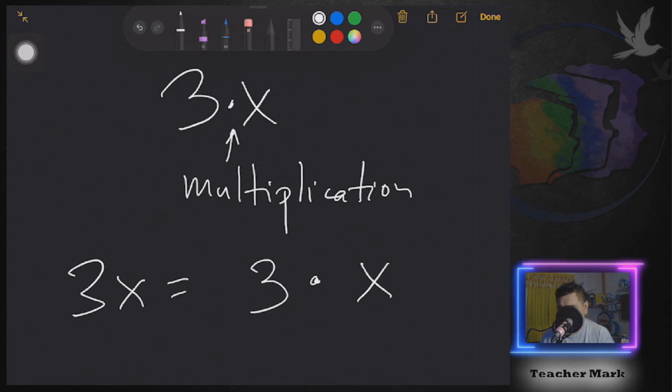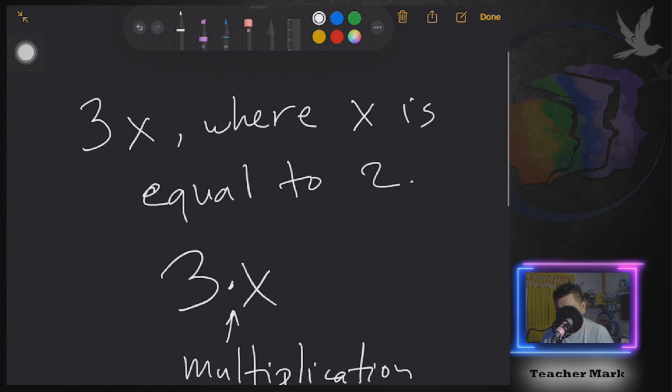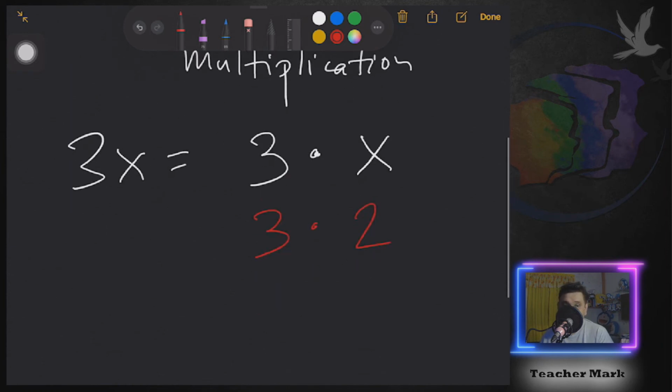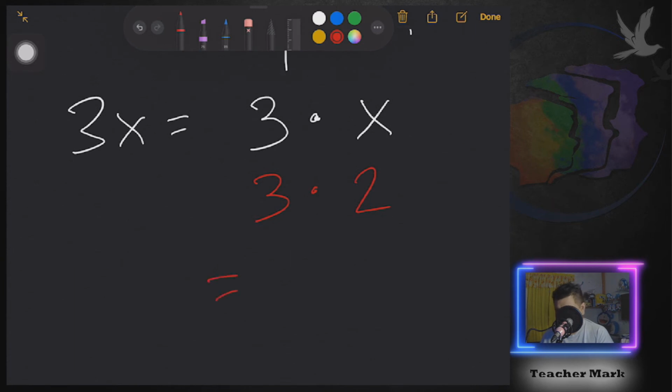Okay, so if we are going to take the value of x here, because it says where x is equal to 2, that means that 3 times x is actually 3 times 2. And 3 times 2 will give you not 5. Okay? 3 times 2 is 6. Okay, let's try to substitute another value.